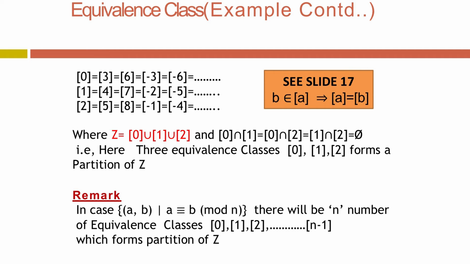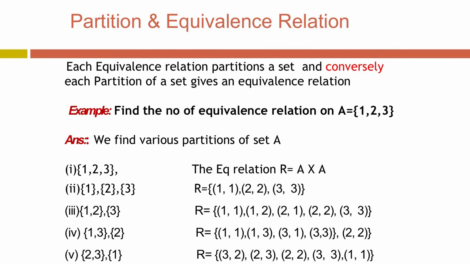So, this example shows that any equivalence relation gives rise to equivalence classes and equivalence classes are nothing but a partition of a set. And in this slide, here is the converse: in the last example we have seen that any equivalence relation gave a partition, gave equivalence classes, and that is nothing but a partition.